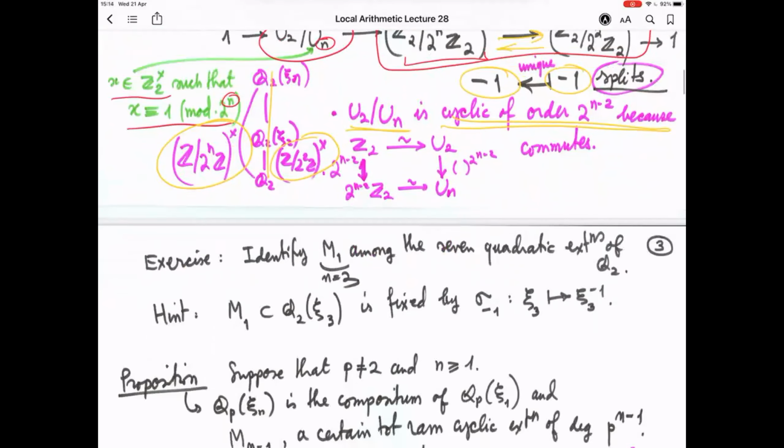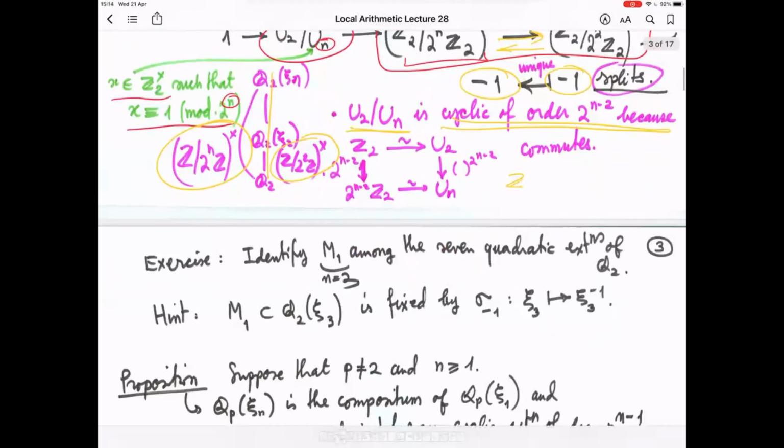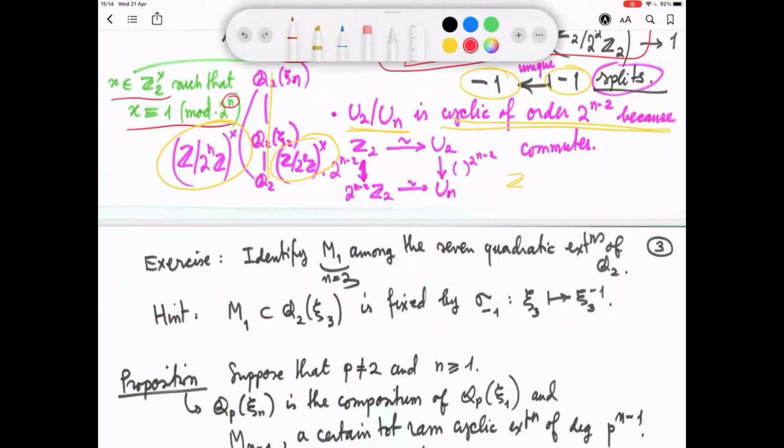So in other words, what we are saying is that Z mod 2 to the n Z star is really isomorphic to U2 modulo Un times Z mod 4Z star.